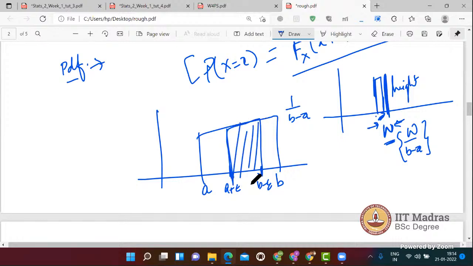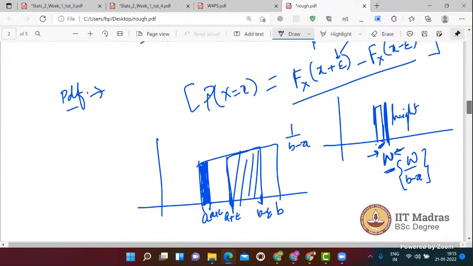If you have to find the probability of X from a plus some c till a plus c, what will you do? You'll just calculate the area of this one. Width will be a plus c minus a, c, divided by b minus a. So every time you have to do this. So that is what has been discussed. This is fine. Thank you.